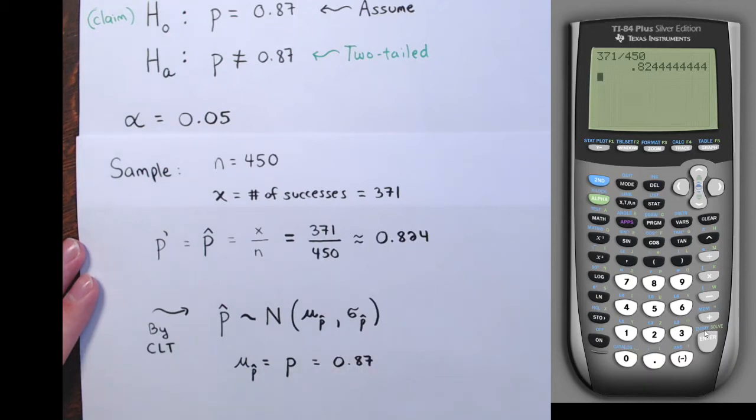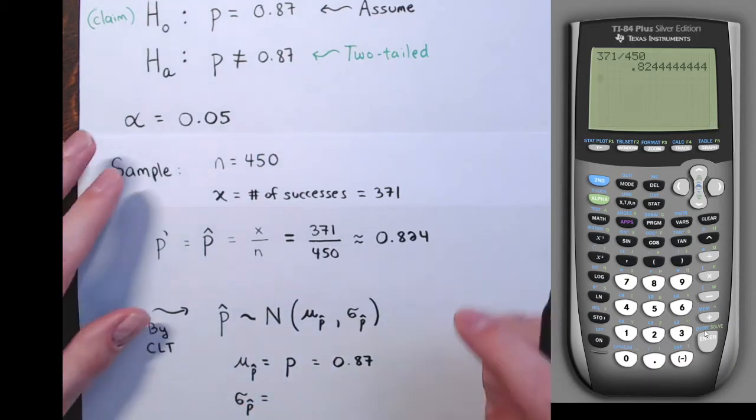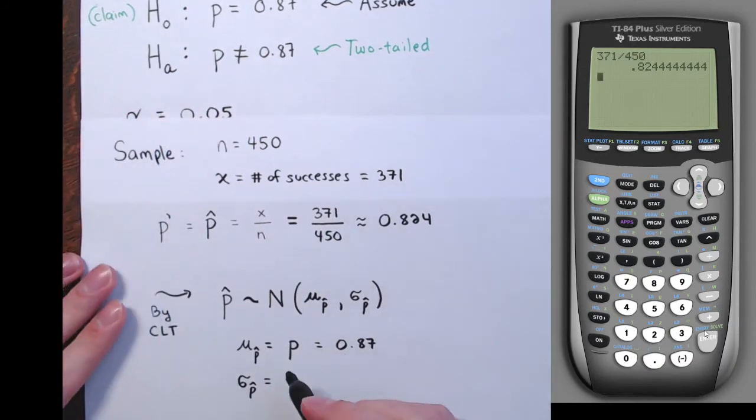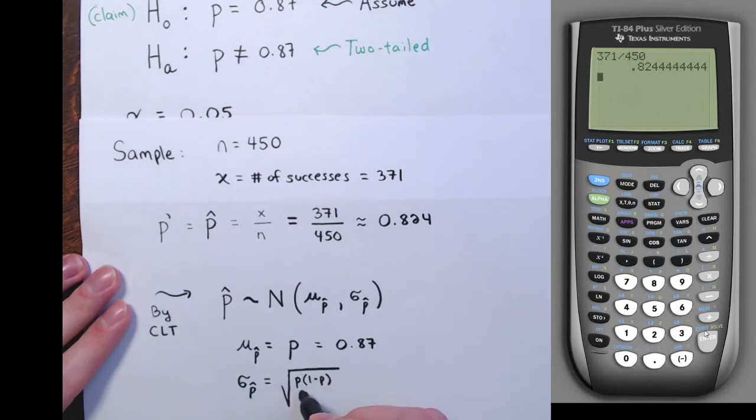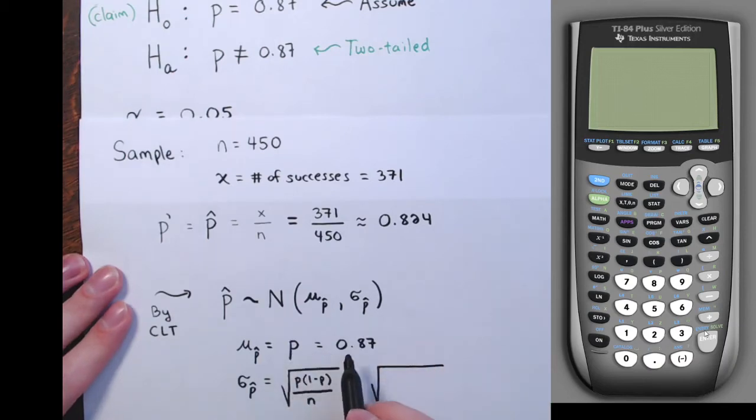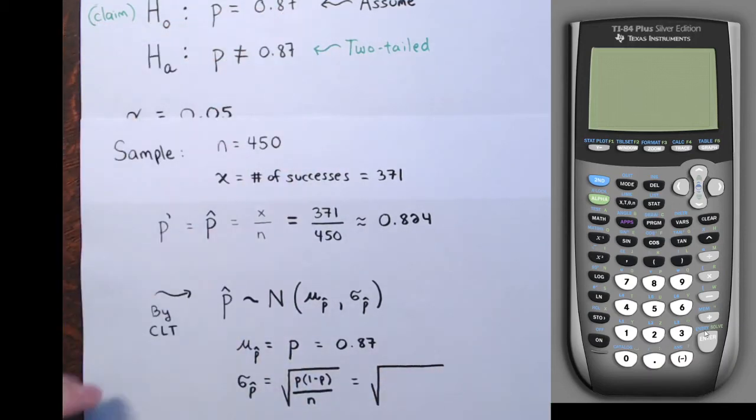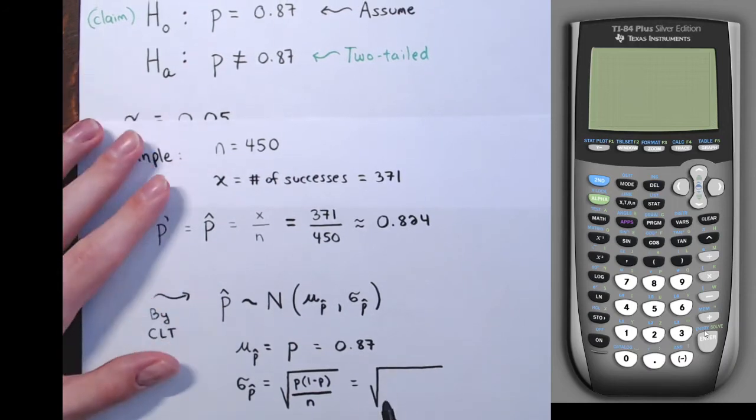And the standard deviation of the p-hats, the sample proportions for samples of size 450, is the square root of p times 1 minus p divided by n. So for this problem, p is assumed from the null hypothesis to be 0.87.